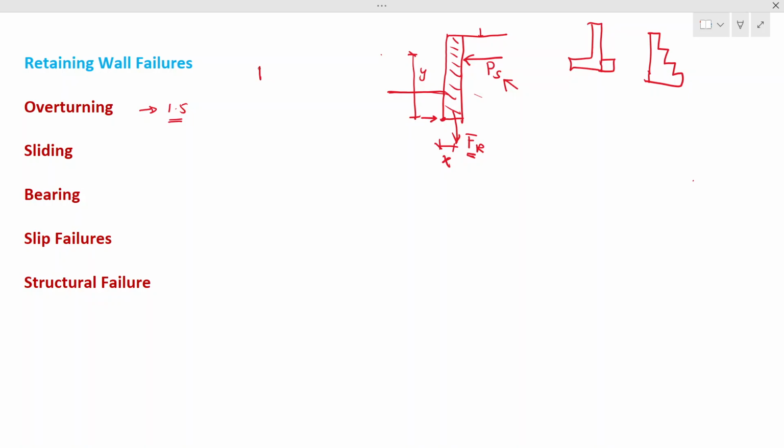The restoring moment is Fr times x, and it is divided by Ps times y, which is the overturning moment. This factor of safety should be greater than or equal to 1.5. This is the requirement. So if you have an earth pressure and a restoring moment, this ratio has to be greater than 1.5. This is the criterion, and when you build any type of retaining wall, it has to be met.